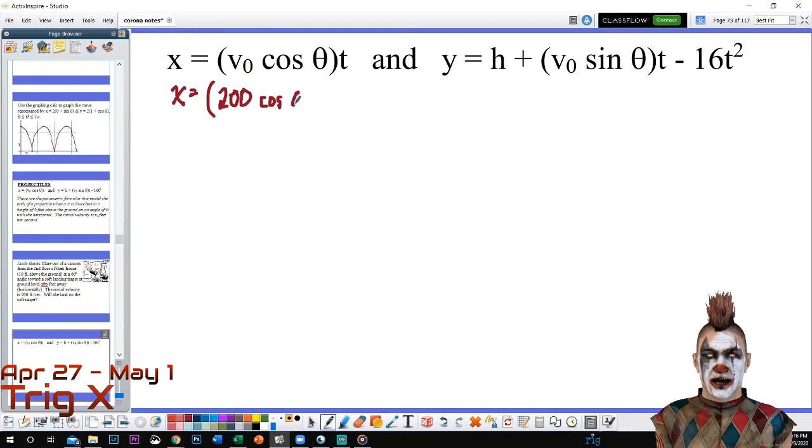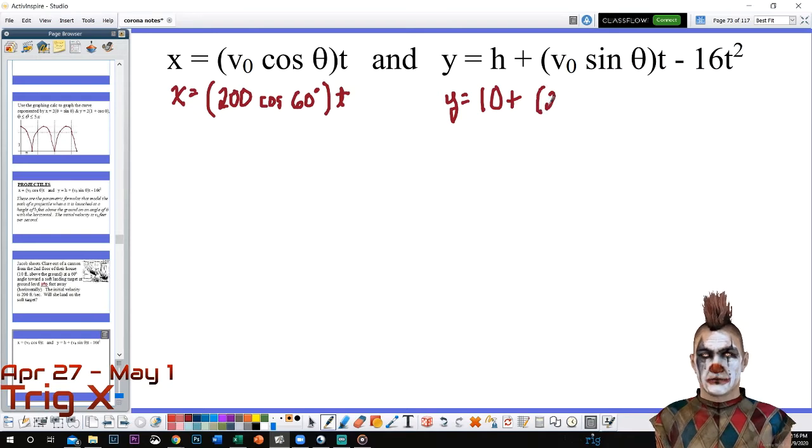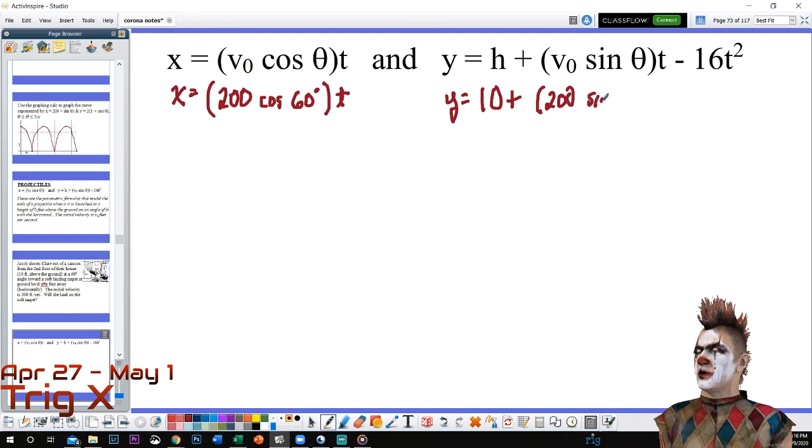Cosine of 60 degrees, because you said it was at an angle of 60 degrees. And then t is time, we don't know what that is. For our other equation, y equals, h is our starting height. We were starting 10 feet above the ground. Our initial velocity again is 200. Our sine is our friend, and then theta again is 60 degrees, and t.